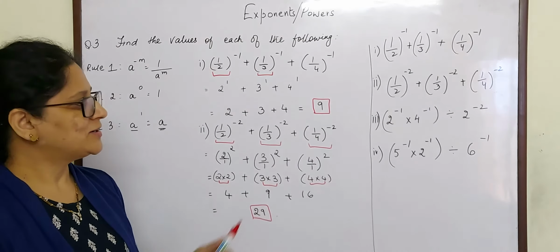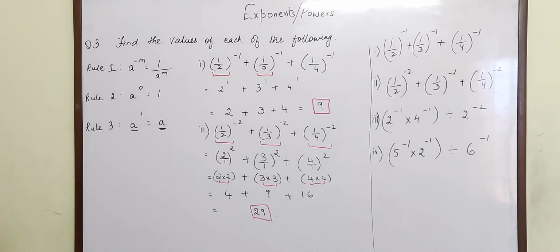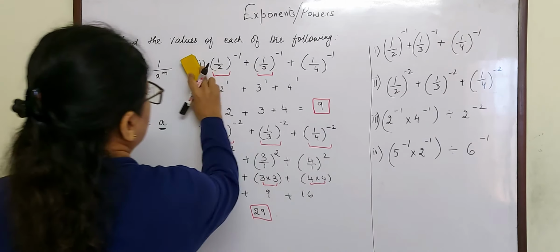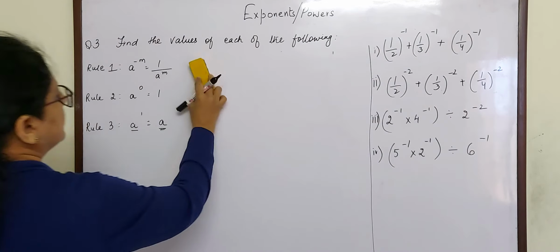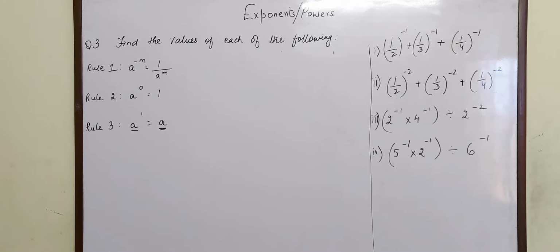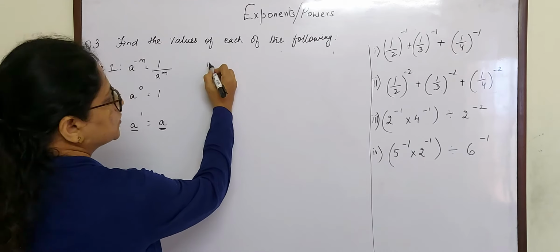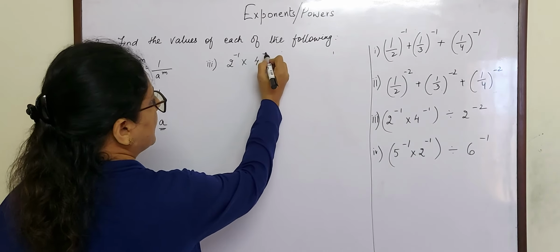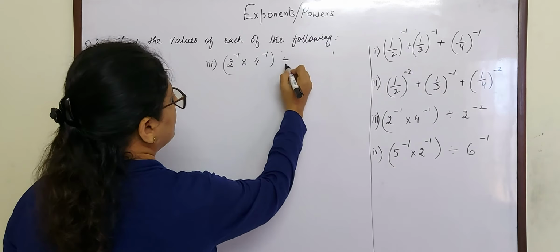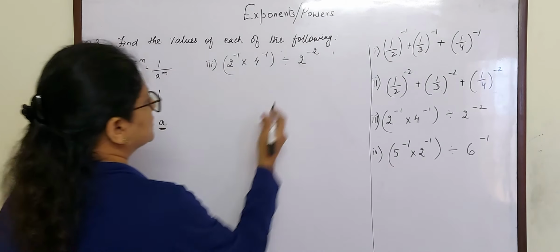Hope you understood. So let us move to the next problem. The next problem says (2^-1 × 4^-1) ÷ 2^-2. So first let us finish whatever is in the bracket and then we will go to the division. So let us solve 2^-1 into 4^-1.